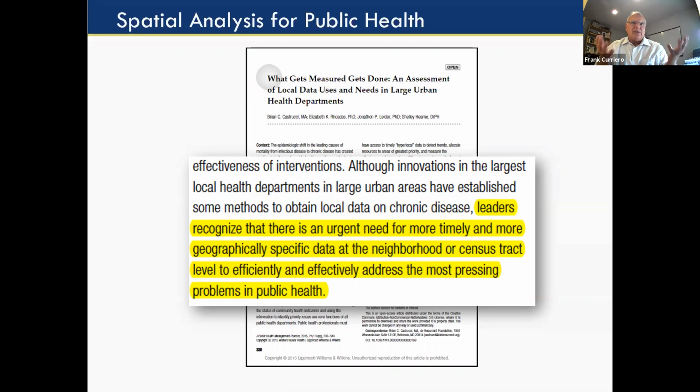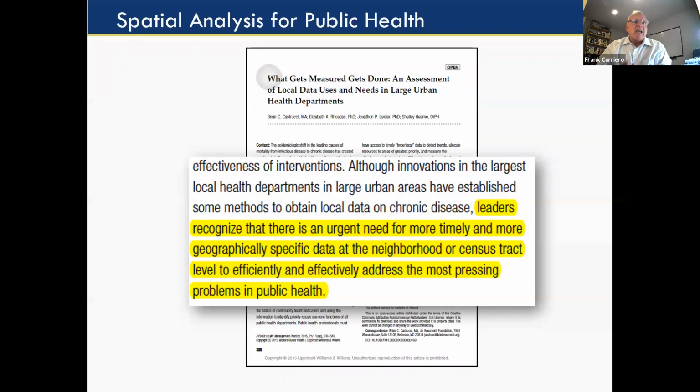We have data warehouses where data is just sitting, and if somebody wants to analyze something or address a problem using information or data, they go and look to see what's already available, because sometimes it's really expensive to go out and start collecting new data. So what gets measured gets done, meaning what gets measured gets analyzed and gets to be part of the problem solution.